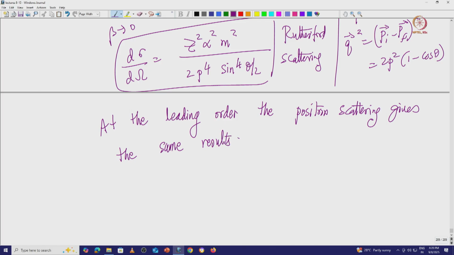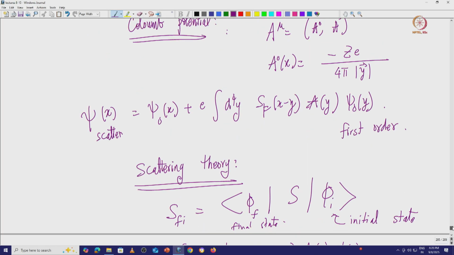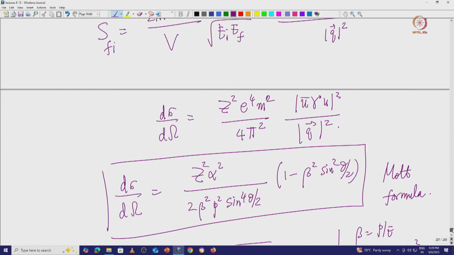So for the positron scattering, instead of u you replace it with v bar, and u bar you replace it with v, and the formula will exactly be the same, and the final answer will be the same at the leading order. Very good.